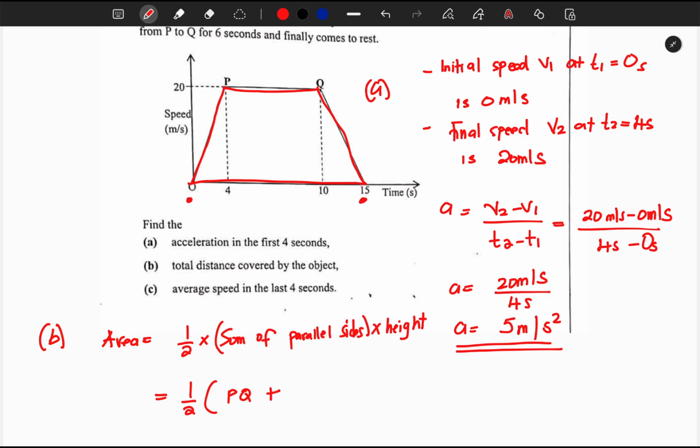Multiply by the height. The height starts from 0, not from 4, because the line here is 0, all the way to 20, so we put 20 there.